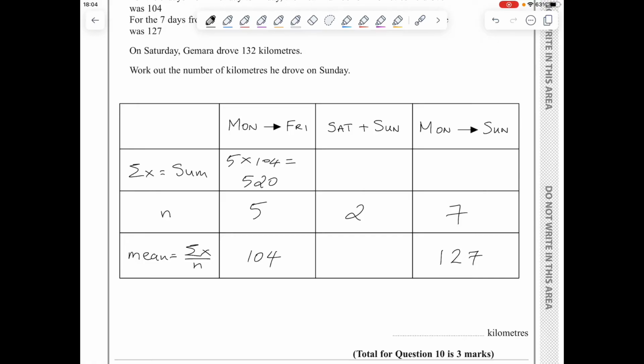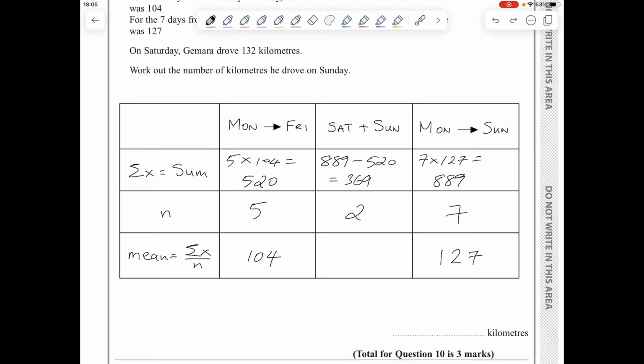Similarly, for Monday to Sunday, we've got 7 times 127, which comes out to be 889. So the difference between those two numbers, 889 minus 520, is equal to 369. And this is the total for Saturday and Sunday.